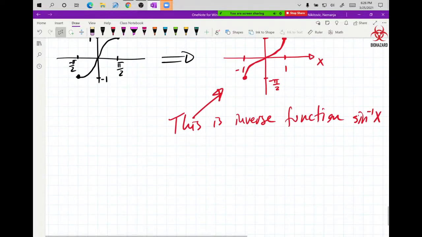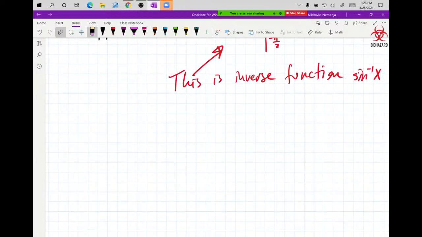Now the most important of all, obviously, would be the tangent. Yeah, I said obviously. It's not obvious yet. When you start taking courses, you'll see. But for now, inverse tangent. So let's take a look at inverse tangent.